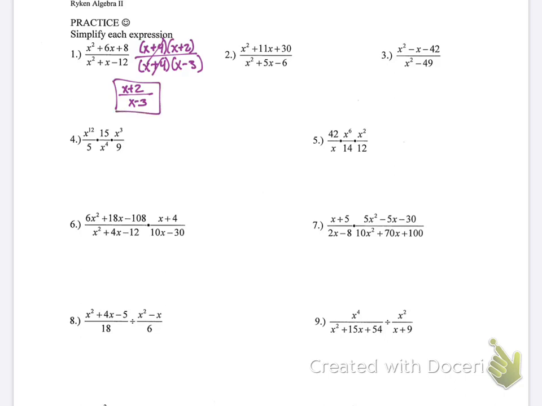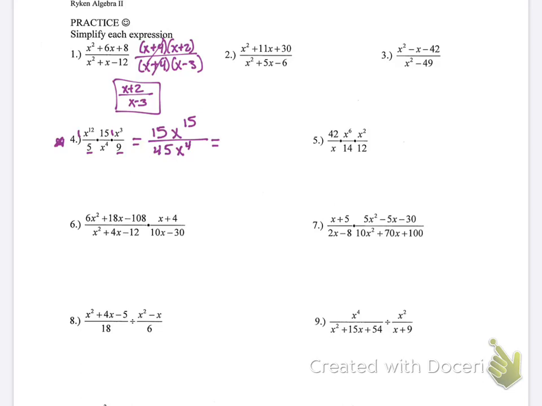Okay? I am going a little bit quicker, just so at any point if you need to stop, do so. All right, number 4 is a little bit different because that is the one where you just multiply across the top. So on top, these are just 1, so I have 15, x cubed times x to the 12th is x to the 15th. On bottom, 5 and 9 is 45, and then x to the 4th.